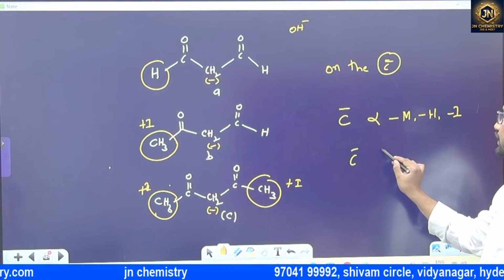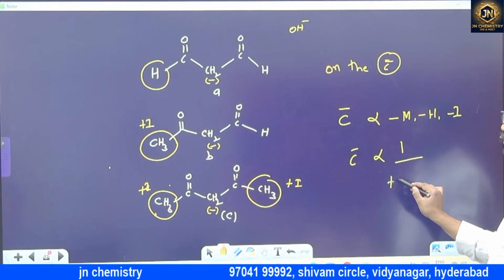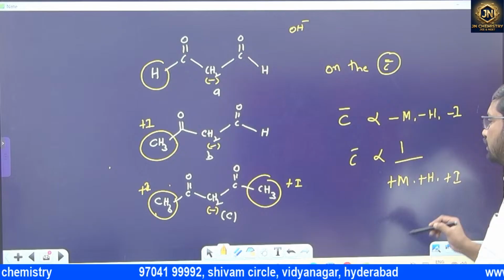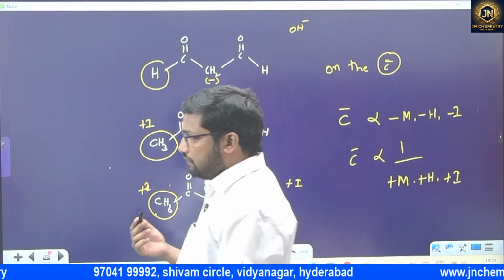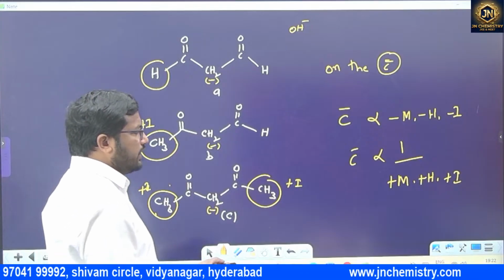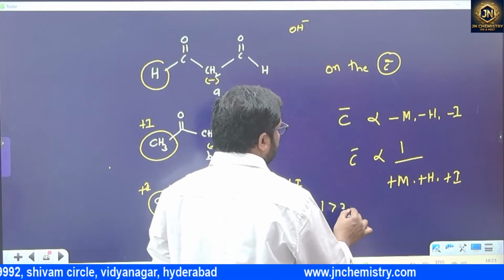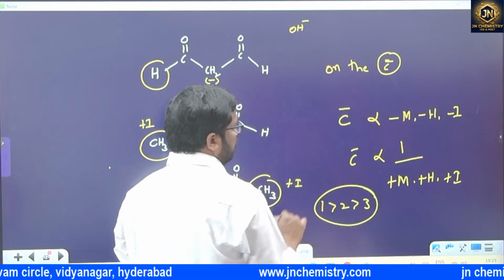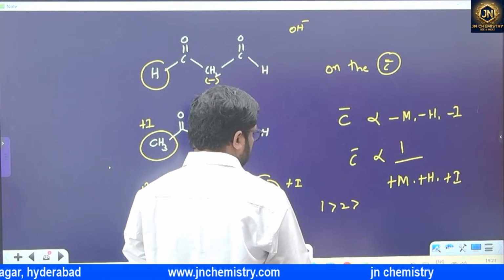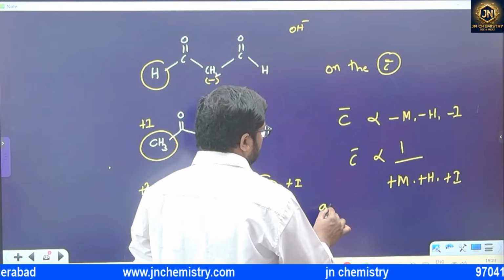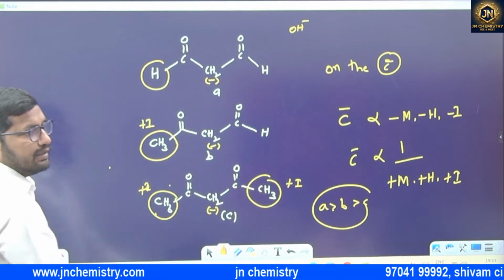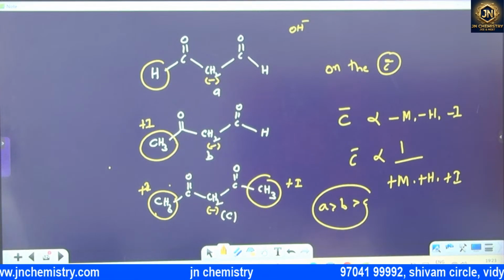Carbanion stability is inversely proportional to plus M, plus H, plus I. So now, which carbanion is more stable? So enol content in this case 1, 2, 3, means ABC. Sorry. Because plus I is increasing, right? Yeah, write it down.